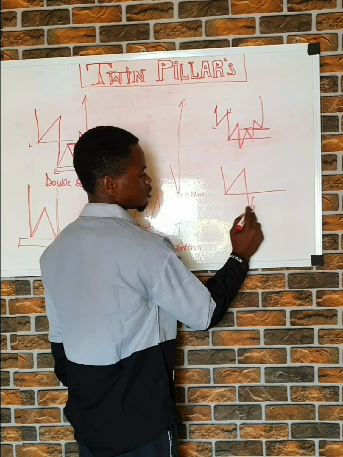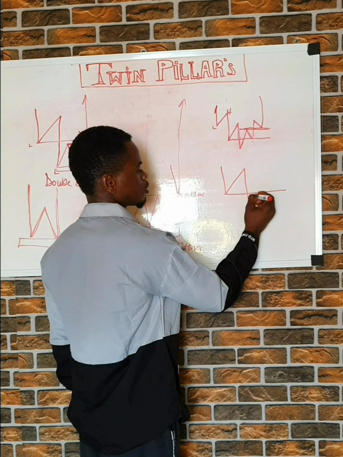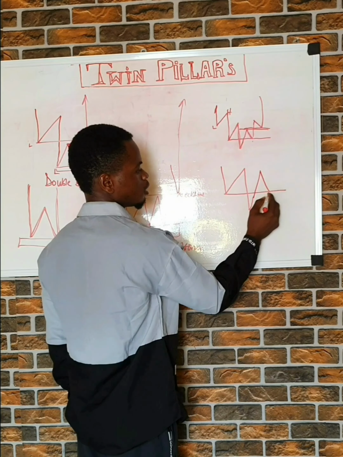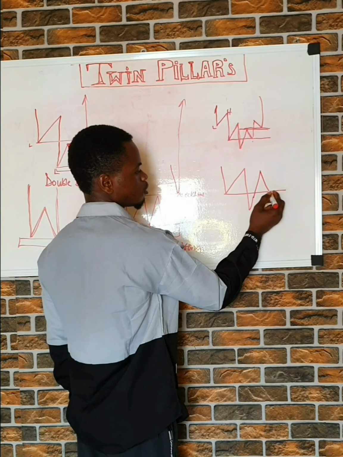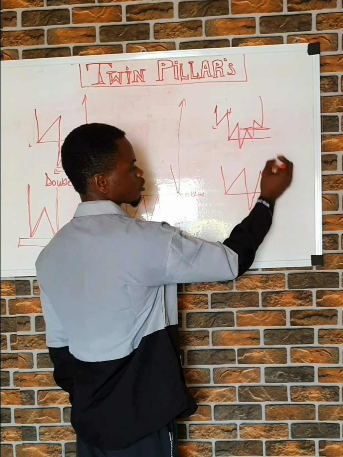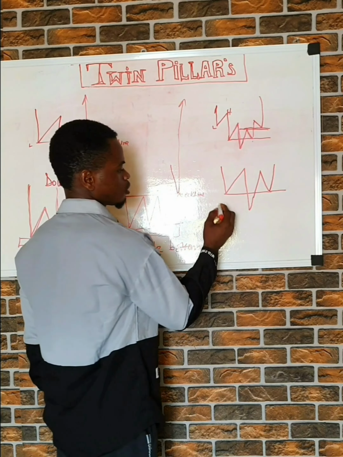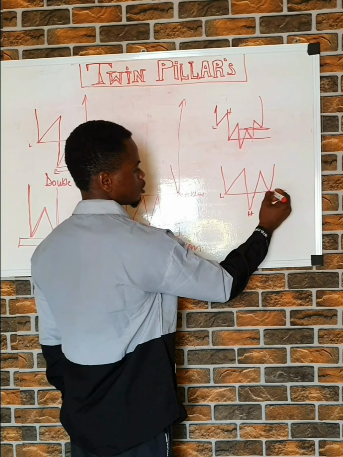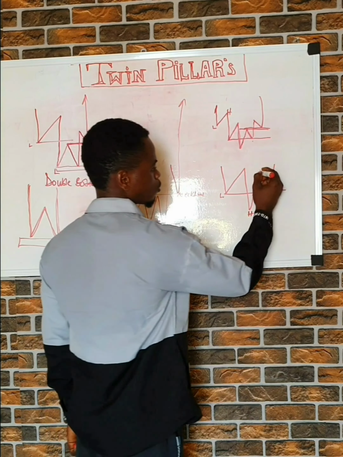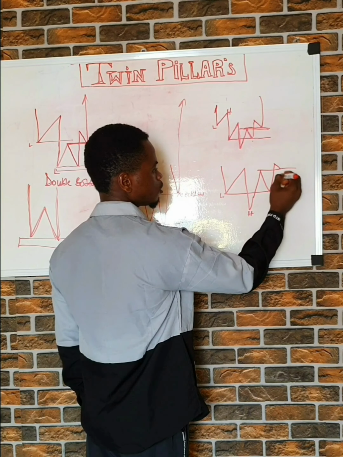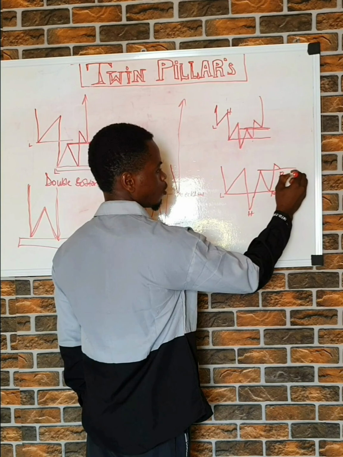But price came up like this impulsively, came back, retested this zone right here, then also came up like this. You can see this is your left shoulder, this is your head, and this is your right shoulder, and also this is your neckline. So whenever price comes back to this place, you enter your buys.